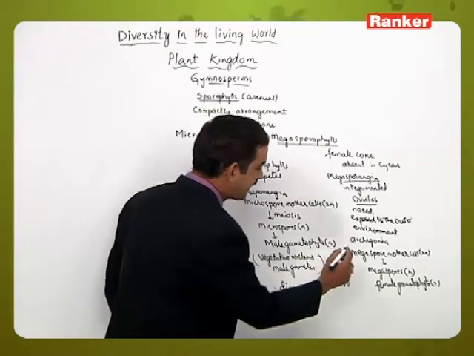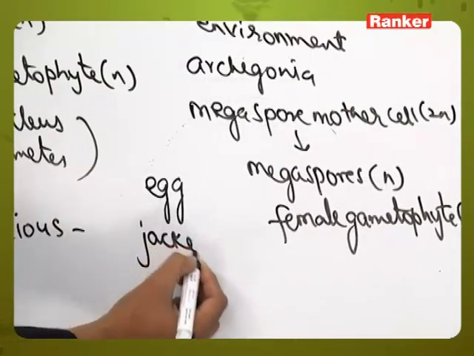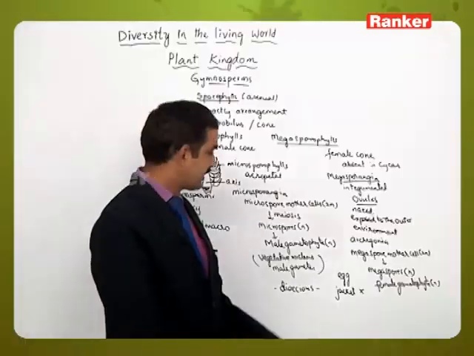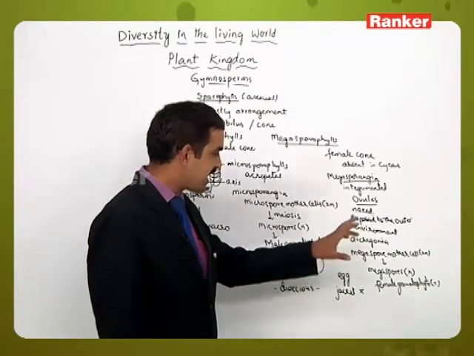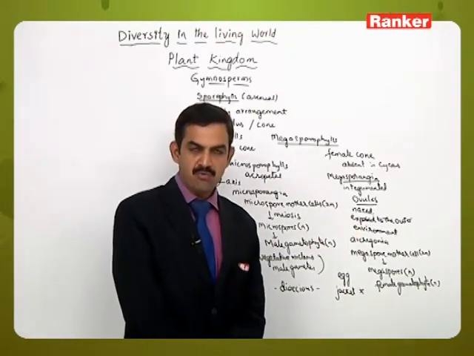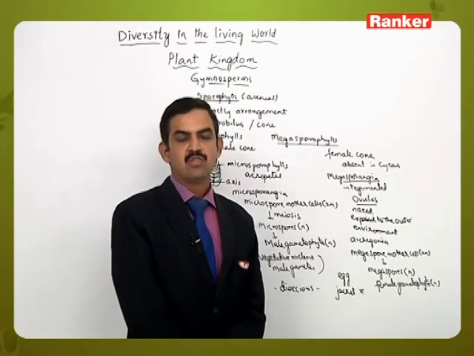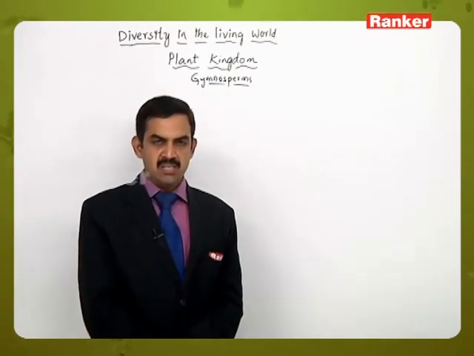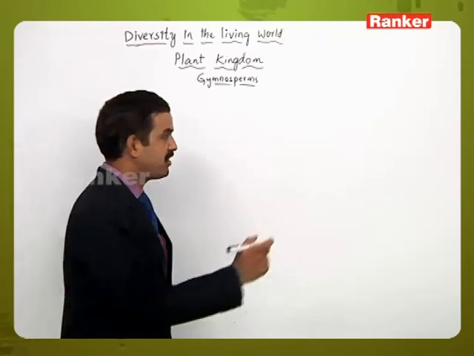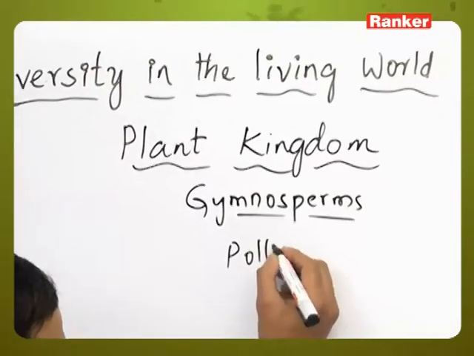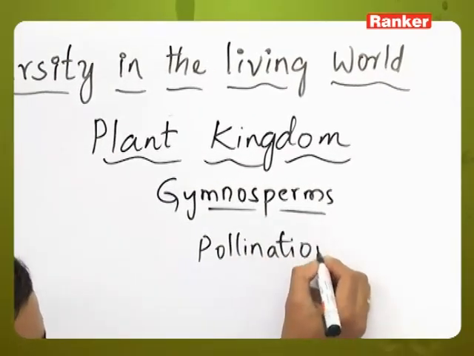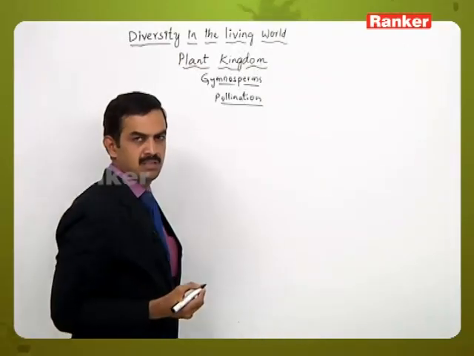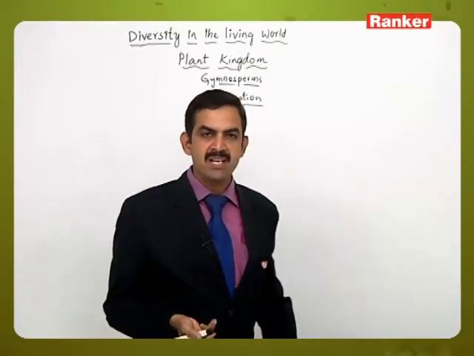But here the archegonia does not have the jacket. The archegonia is embedded inside the tissue of the ovule, which is protected by the nucellar tissue. Before fertilization, we know that pollination will take place here. That is the transfer of pollen grains from the male structures to the female structures.